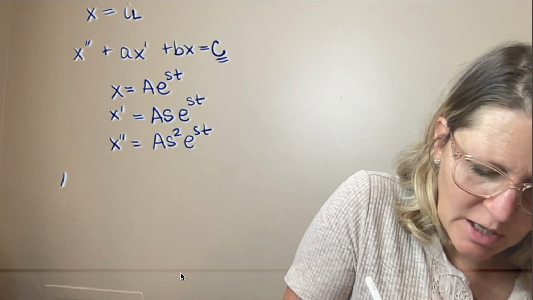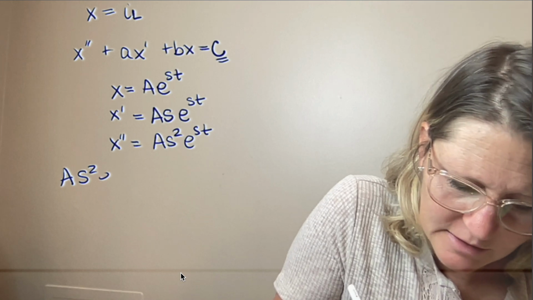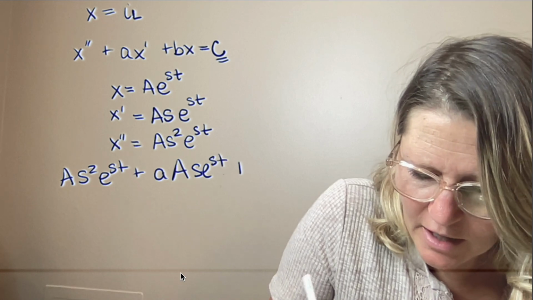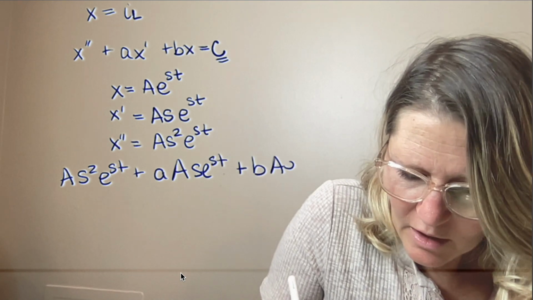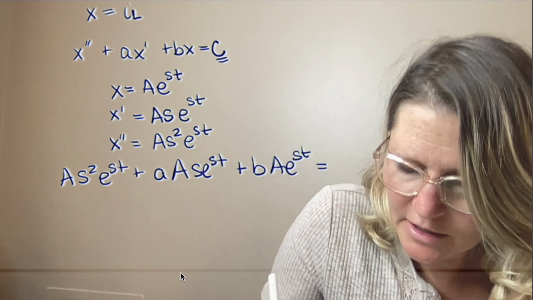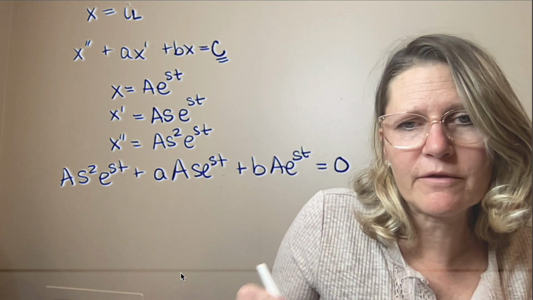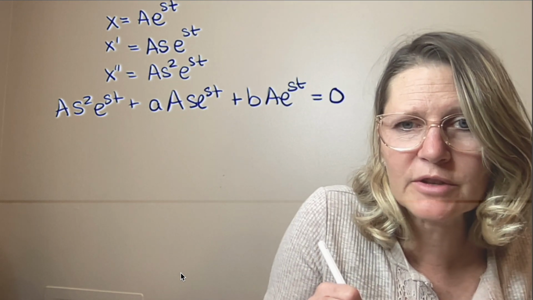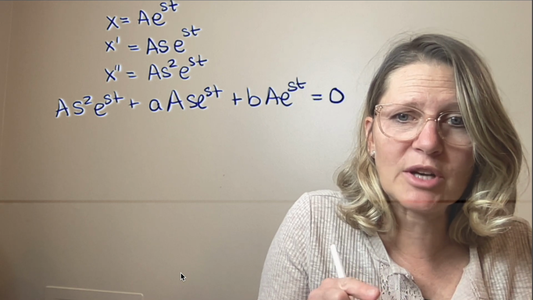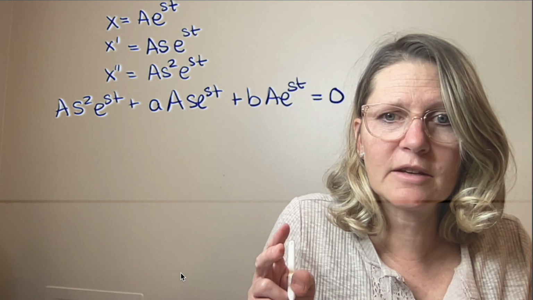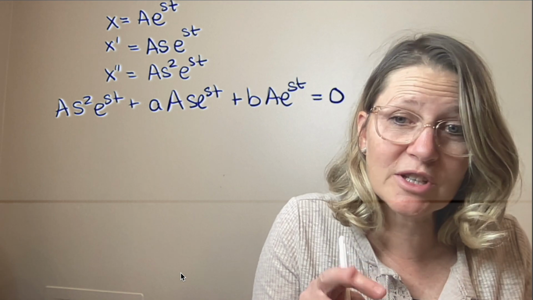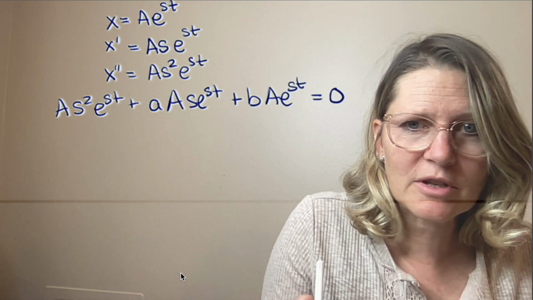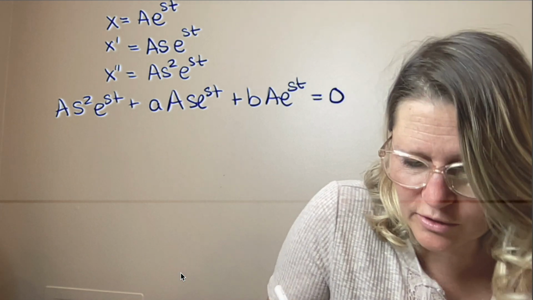Substituting that back in, my equation looks like this, and I can see that I have an AE to the ST. Remember, I'm solving it first as a homogeneous equation, so that is set equal to 0. Then I want to solve for these roots. The roots of this equation give us the homogeneous solution, and then we would add that to the forced function one, which would be the particular solution.